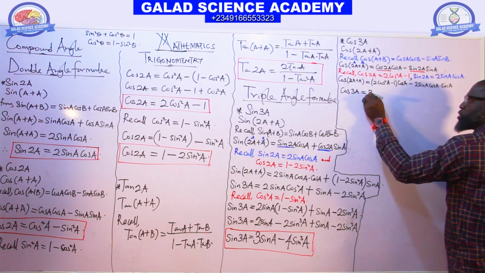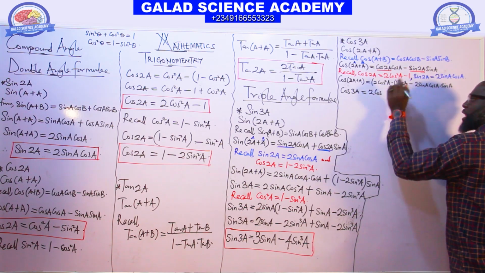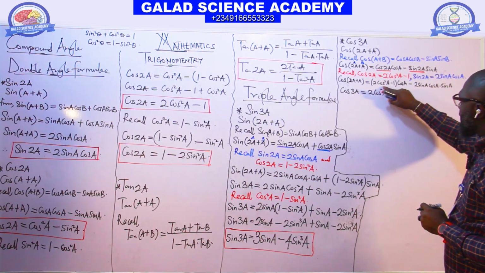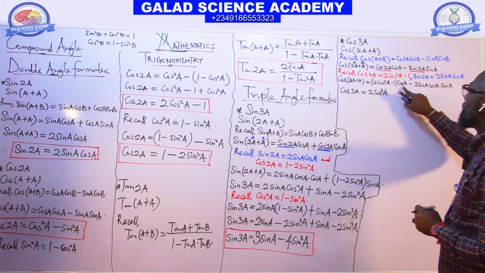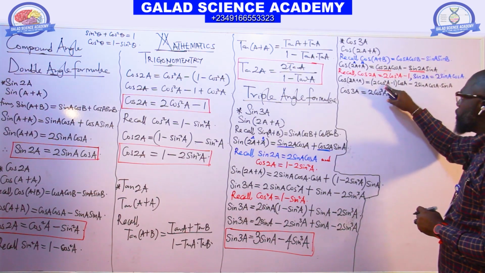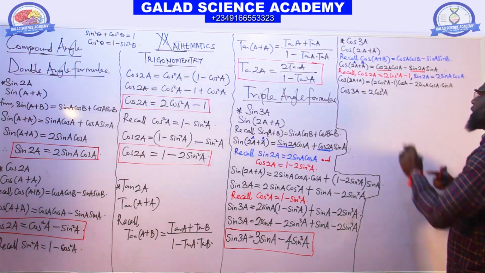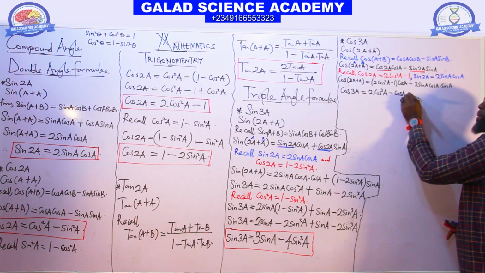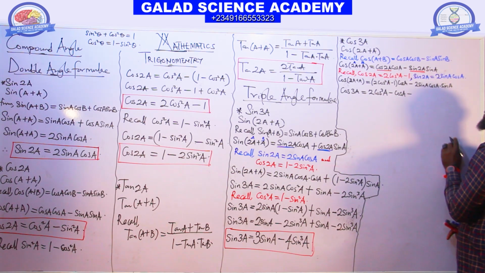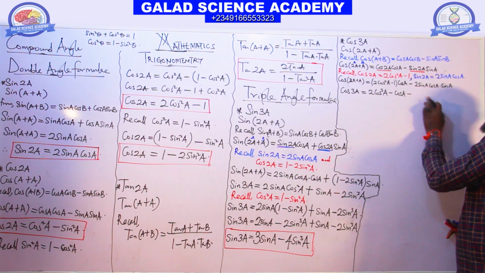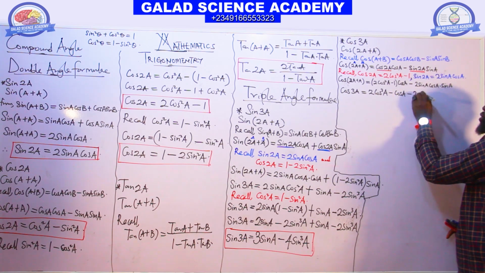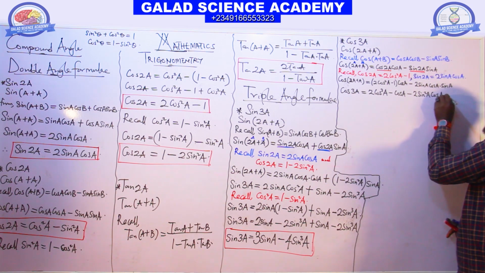Since there is this, it will give us 2 cos square A times cos A; the power of this one is 1, the power of this one is 2, add the powers together, it gives 3. Then we have cos A times minus 1, so cos A minus. This is sine A, this is sine A, sine A times sine A, to give us 2 sine square A cos A.